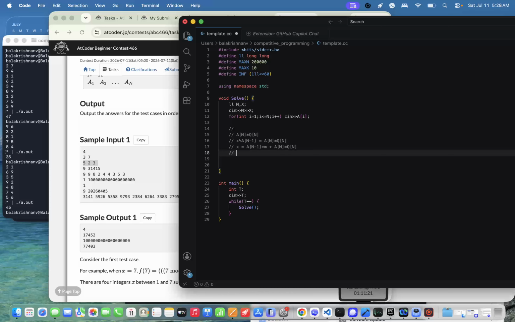Yeah, that's right. And what else? So y is equal to p of n minus 2 times, so that's going to be your x.